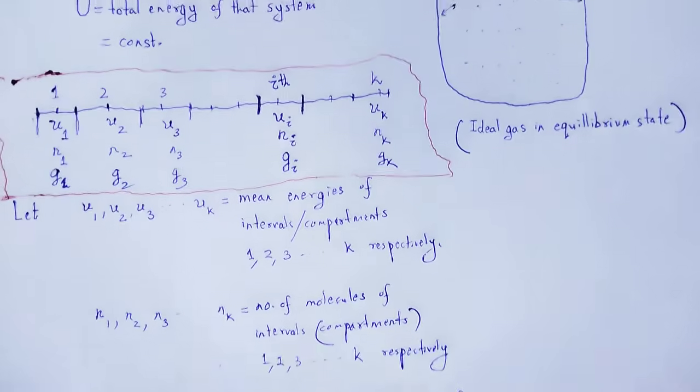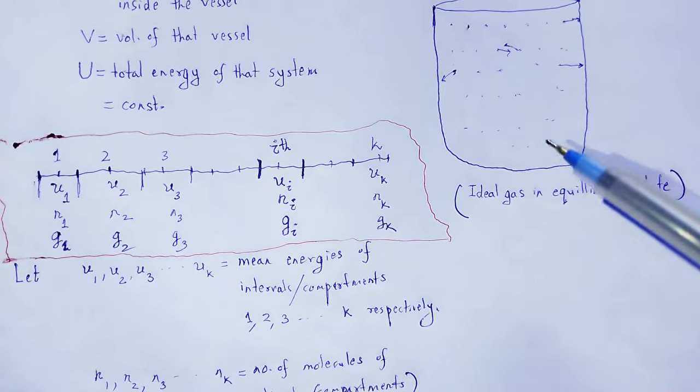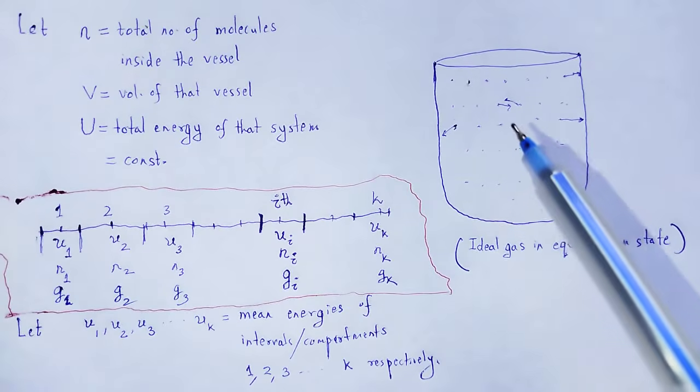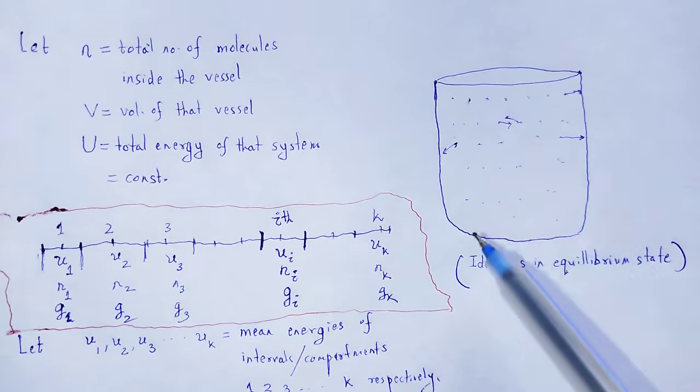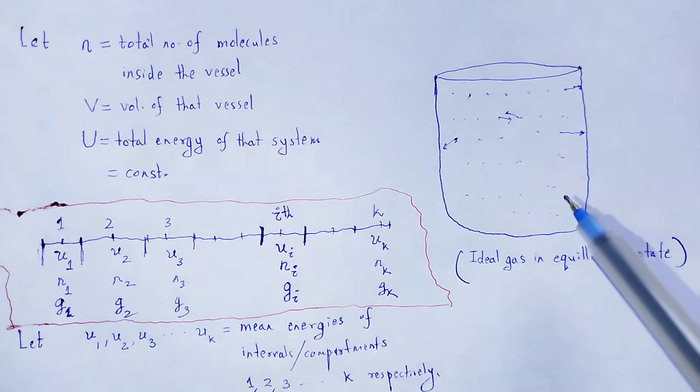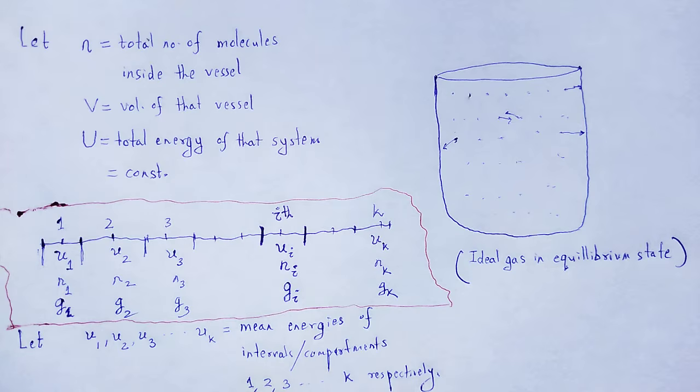Now we can calculate the thermodynamic probability of the most probable macro state. First we have to understand what the most probable macro state is. The most probable macro state is that macro state in which a large number of microstates are present, that is, the highest number of microstates.